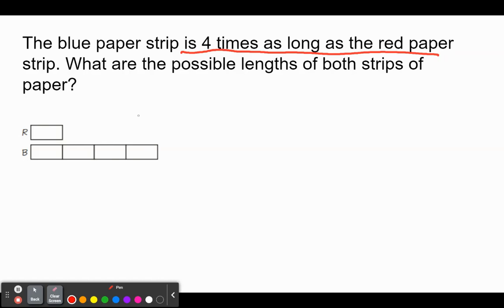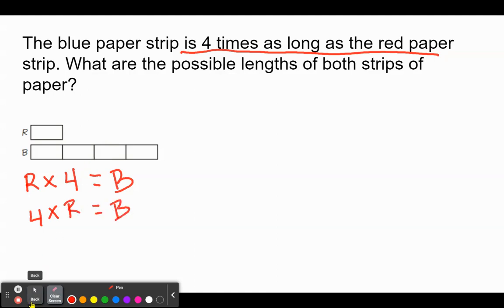So for every 1 unit, we are going to get 4 units of our blue strip, right? So I know my blue strip is 4 times that of my red strip. Or we could do 4 times our red strip is going to equal blue.